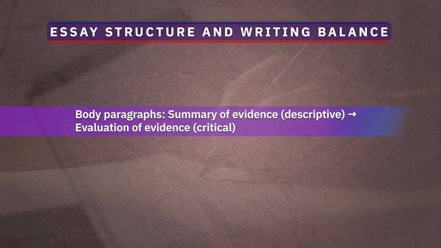Let us think about the paragraphs in an answer. The body of the answer can begin with a summary of evidence, which is again a form of descriptive writing. And then, once that has been stated, the student can move on to an evaluation of evidence, which is a form of critical writing.